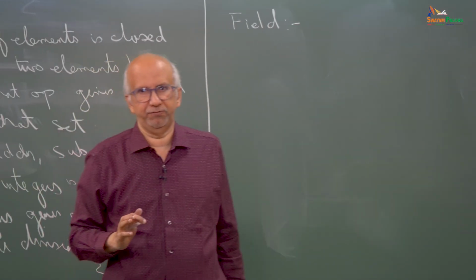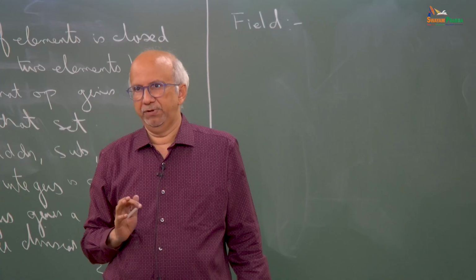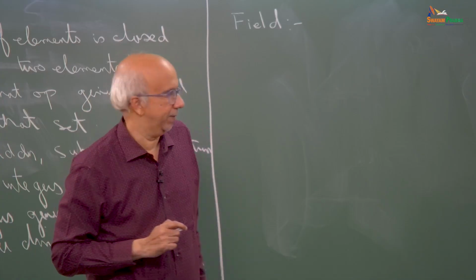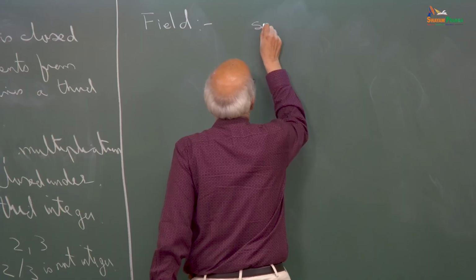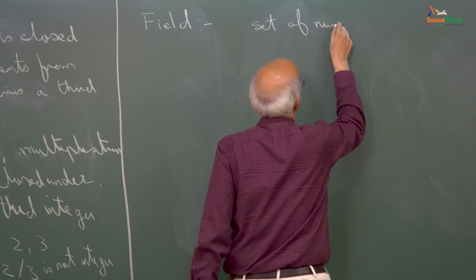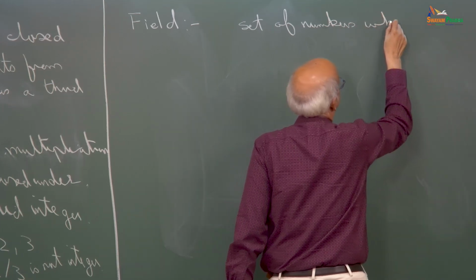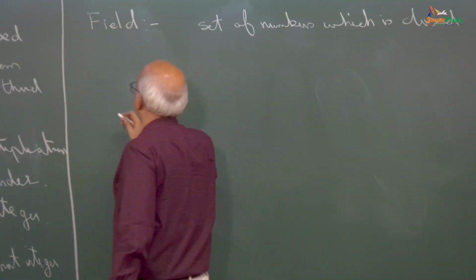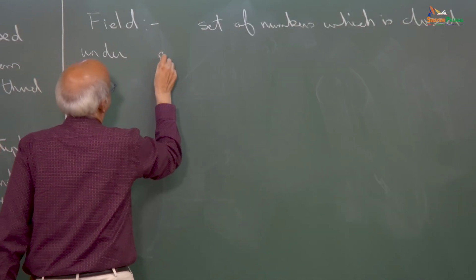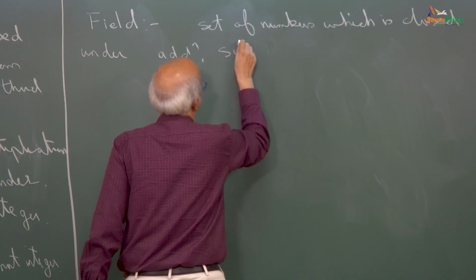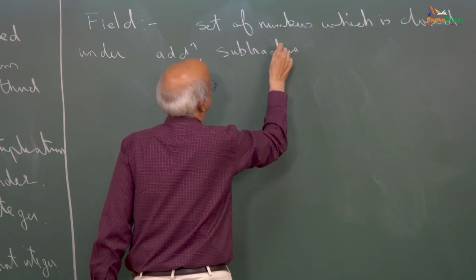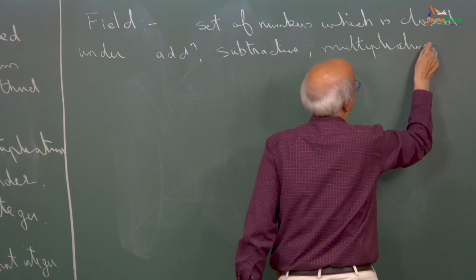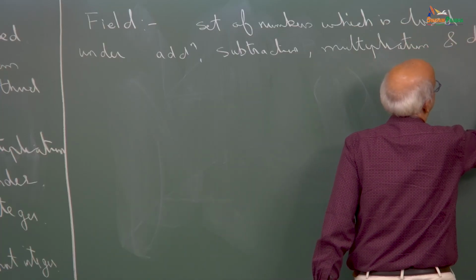A field is basically a set of numbers or elements which is closed under all the 4 operations: addition, subtraction, multiplication and division.